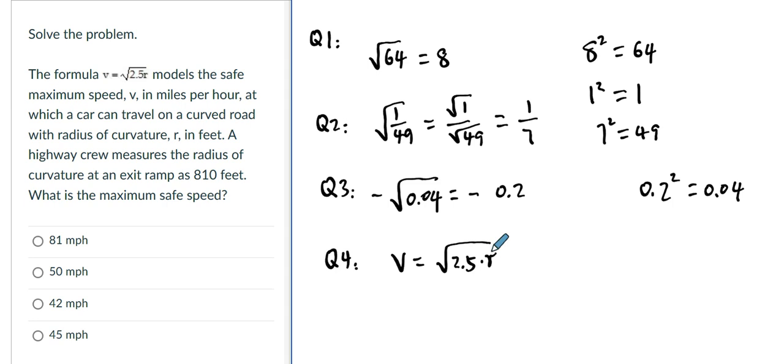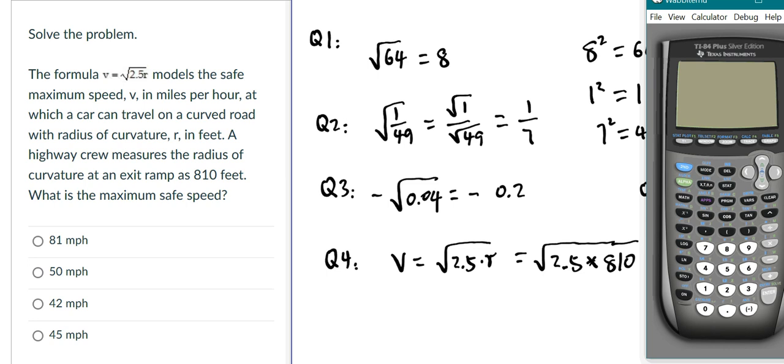The question says that if the radius of the curvature at the exit ramp is 810 feet, then we plug in 2.5 times 810. What do we get?